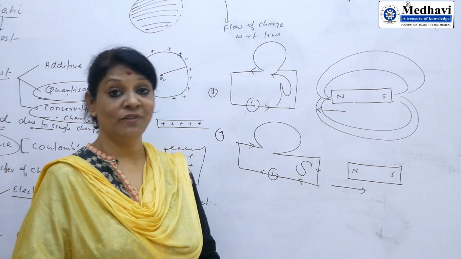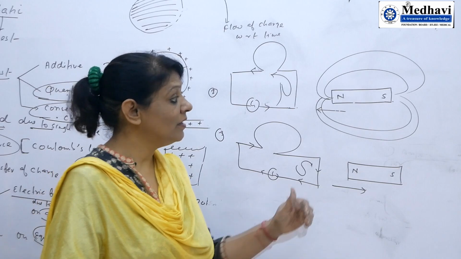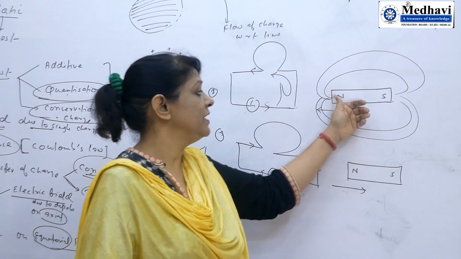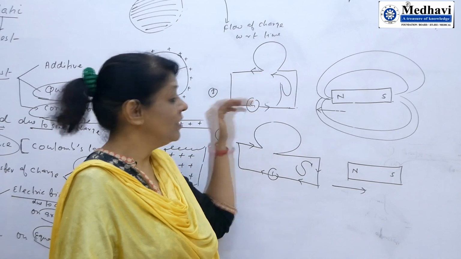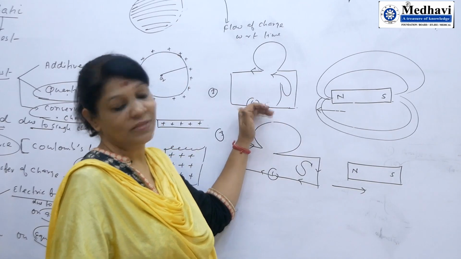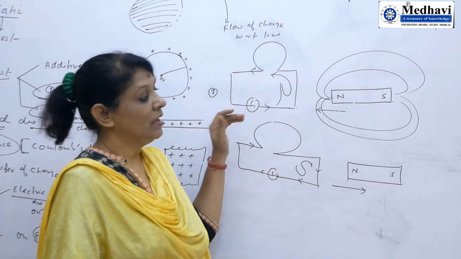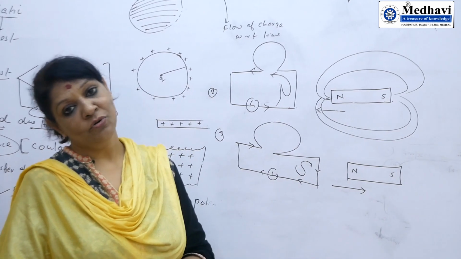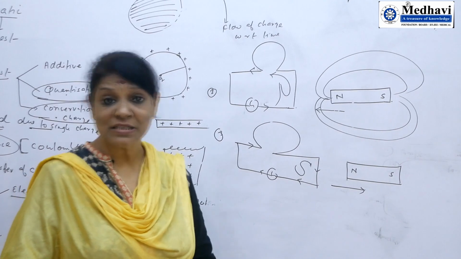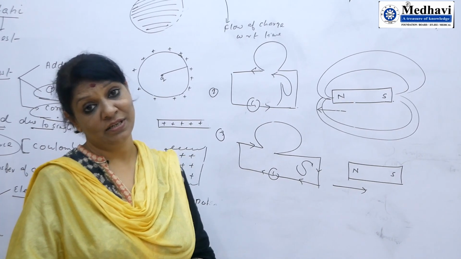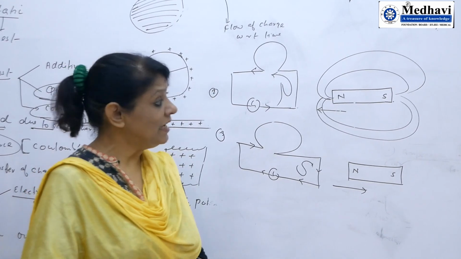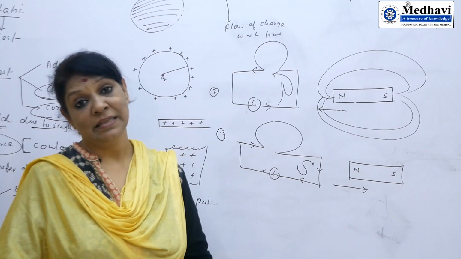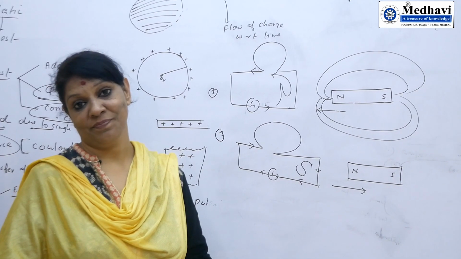Very important information: whenever a current carrying coil or a bar magnet is taken near another coil, with no battery, no cell, only a single galvanometer, then the magnetic field will change. Due to the changing magnetic field, magnetic flux will be produced, and that magnetic flux will produce an EMF in the coil, that is induced EMF.